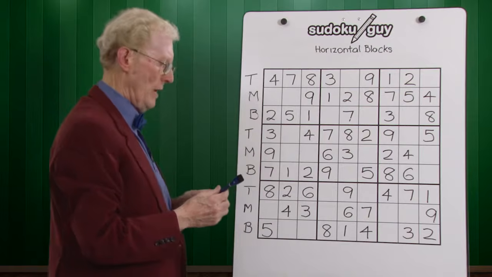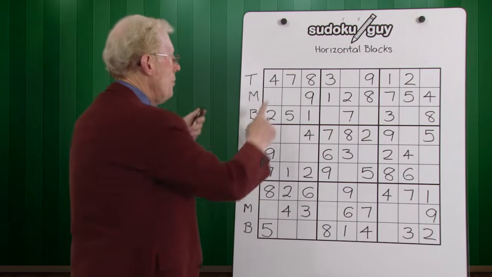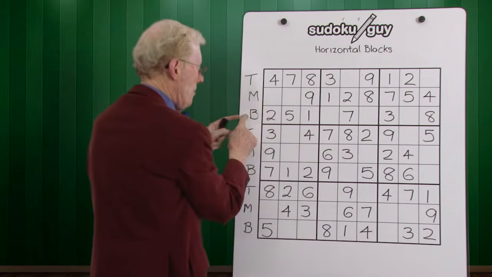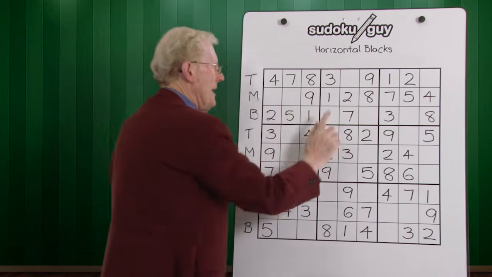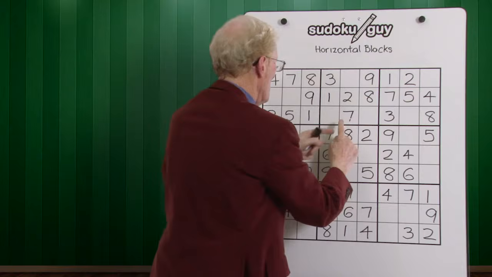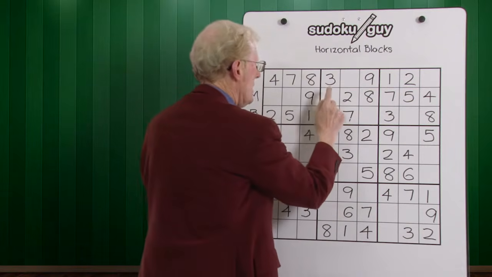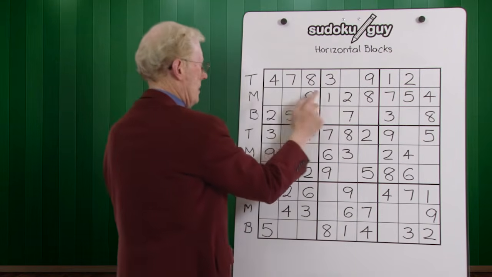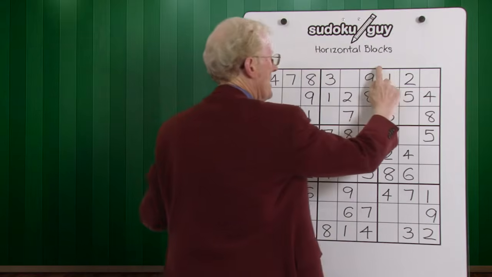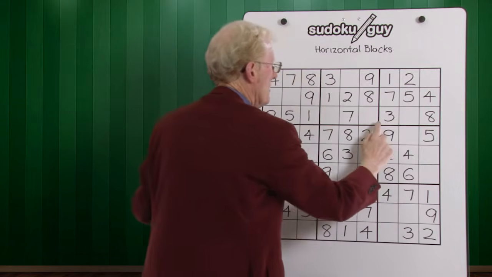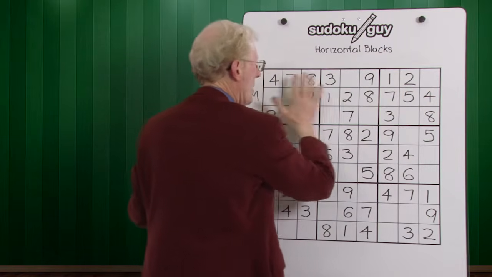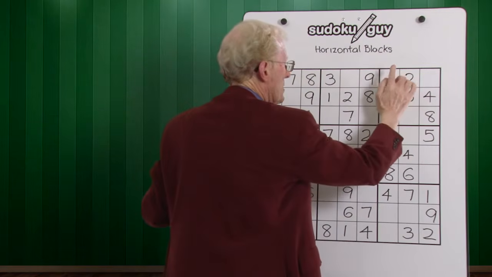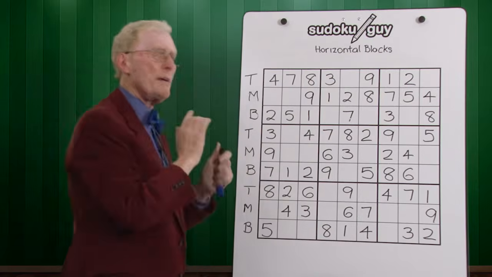Let's take number 1. Number 1 in this block is in the bottom row, so it's already there. Number 1, sorry, in this block is in the middle row. And in this block here, the 3rd block along, we call them horizontal blocks, there's a 1 there. So we don't have to worry about the ones.